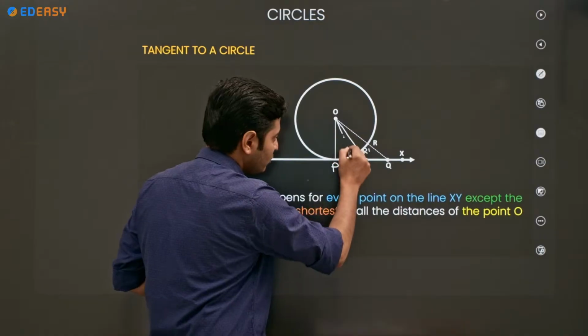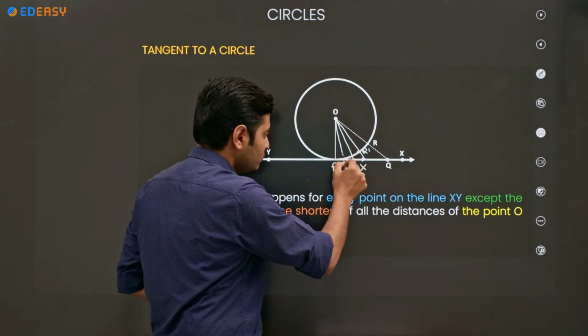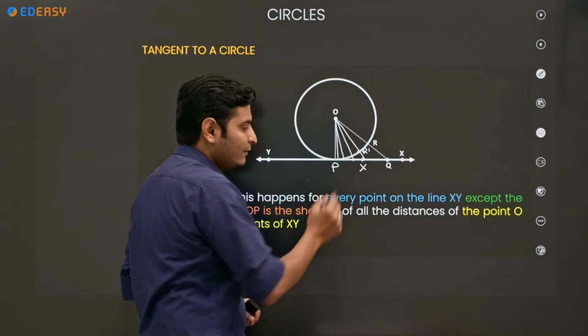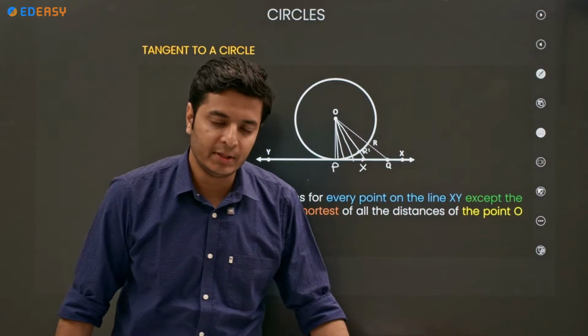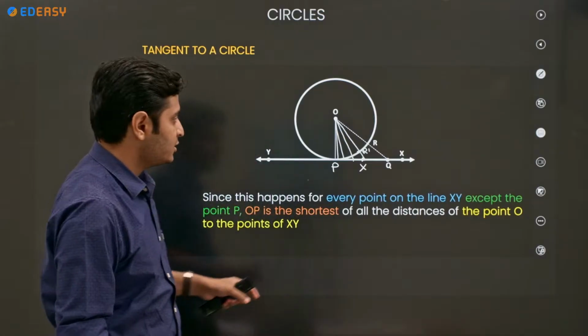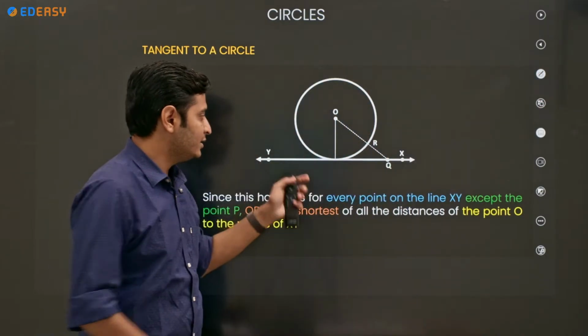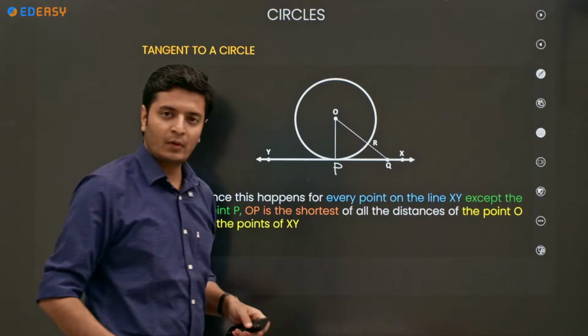Now let me join one more line. So this is also true for this one. You can do it for any line, it will always be lengthier than OP. So OP is the shortest line segment or shortest distance between the center point and this line. Understood?